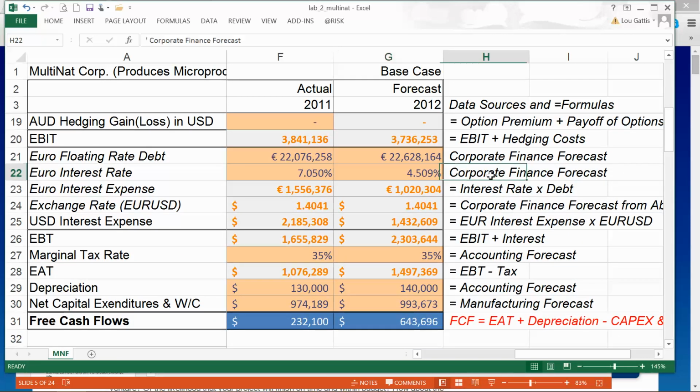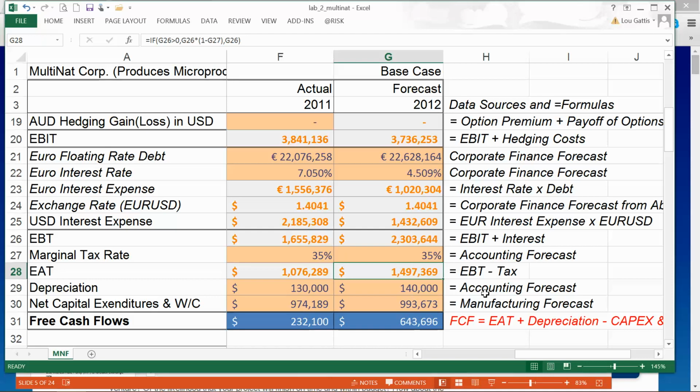You forecast an interest rate next year of 4.5% on the euro-denominated debt, which will generate €1 million in interest. Again, at $1.40 per euro, that is $1.4 million in interest expense. Earnings before tax are $2.3 million. An effective tax rate of 35% gives you earnings after tax of $1.5 million.